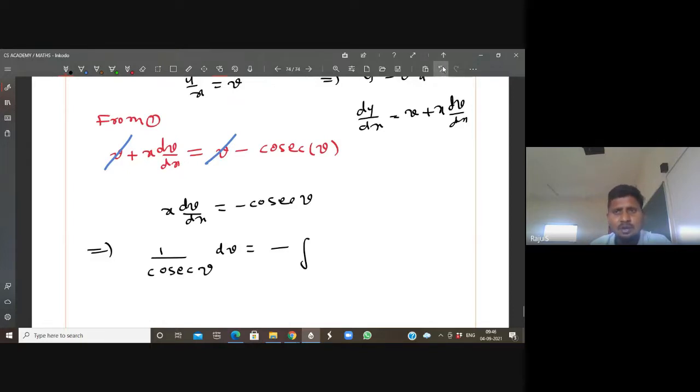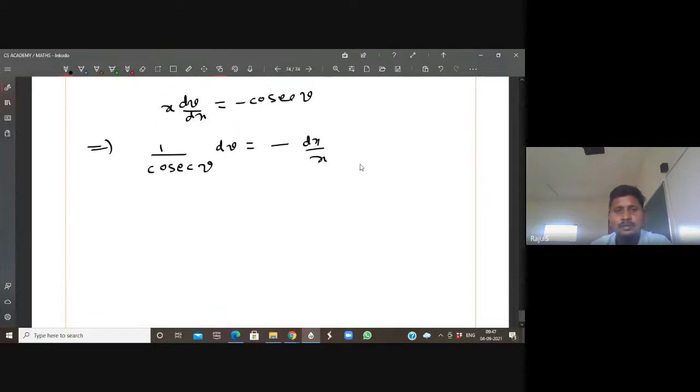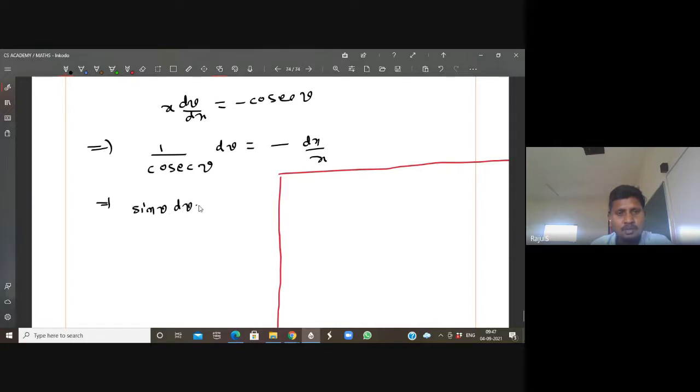The right side should not be changed, dx by x only. Now, 1 by cosecant means sine v dv is equal to minus dx by x.